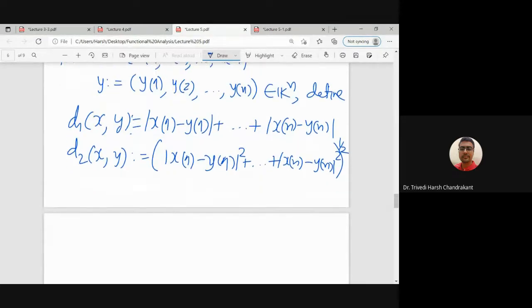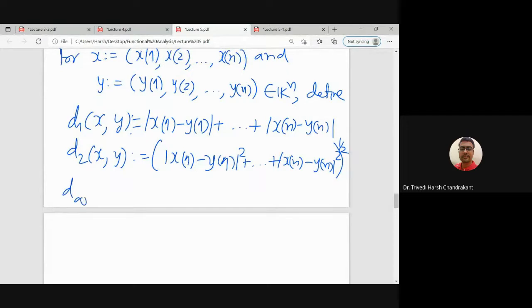Right, so basically this is the Euclidean distance, and the last one is where we are taking the maximum of these quantities: the maximum of modulus of x1 minus y1, up to modulus of xn minus yn.